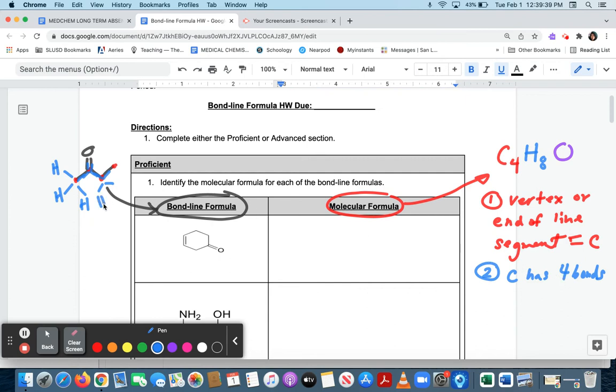So therefore, it's going to need 2 hydrogens. This last carbon here on the far right, notice that there's 1 line coming out of the left, so it's going to need 3 more hydrogens, totaling up to 4 bonds total, right? So that's how I figure out that in total, I have 8 hydrogens. So 1, 2, 3, 4, 5, 6, 7, 8 hydrogens, H8s.